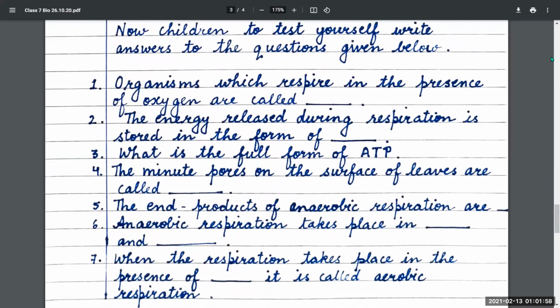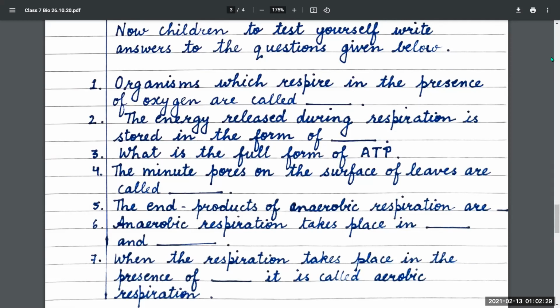The energy released during respiration is stored in the form of dash. Number 3. What is the full form of ATP? Number 4. The minute pores on the surface of leaves are called dash.